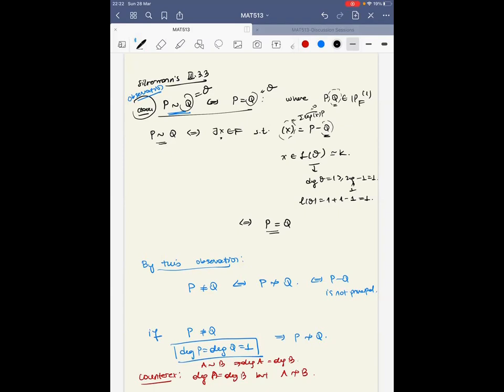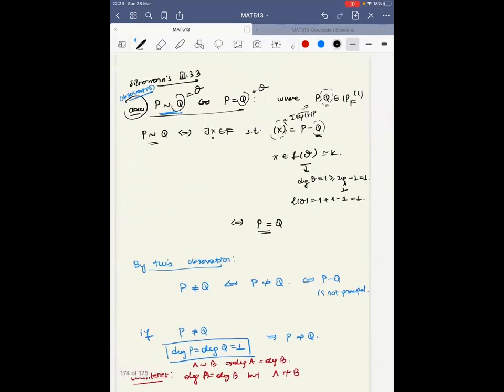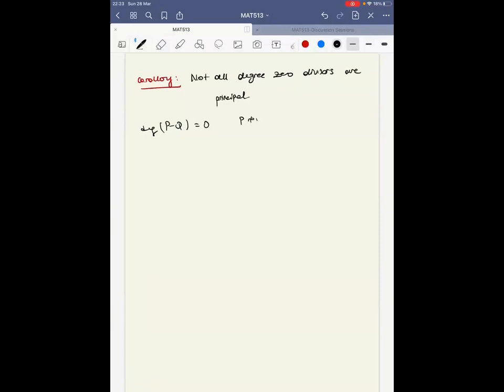And as a corollary of this observation, you can also easily check that in this case not all degree zero divisors are principal, because obviously for two distinct places, the difference has degree 0, but as we have seen in the previous page, distinct places cannot be equivalent to each other.